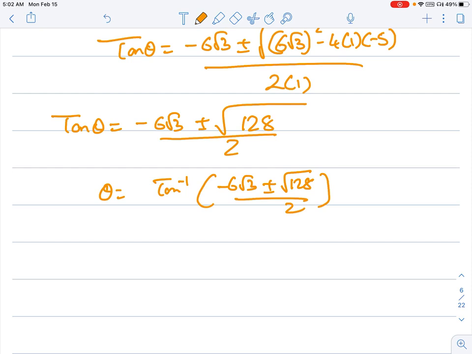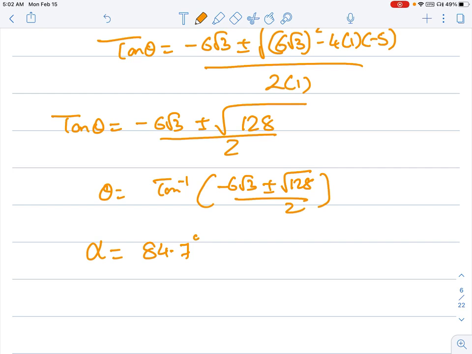So mode of the calculator in degrees now again. So tan inverse, 6 square root 3, pull up the calculator, plus square root 128 divided by 2. If I take positive, I get alpha is equal to 84.7, minus 6 root 3, right?